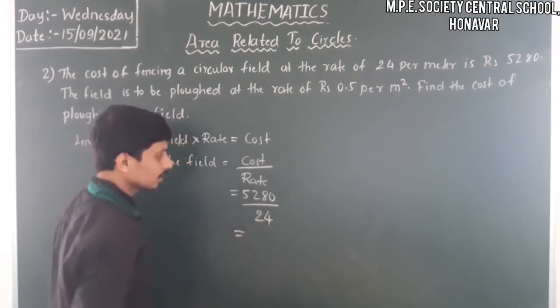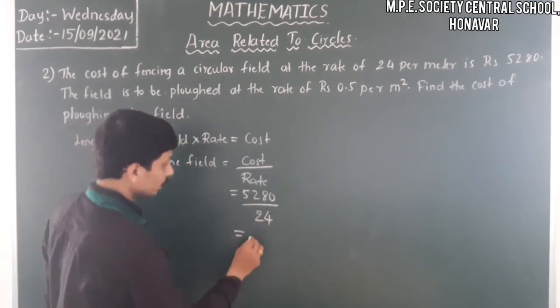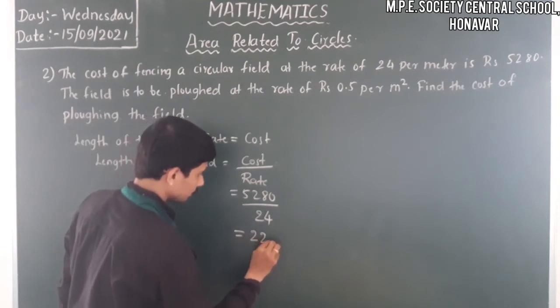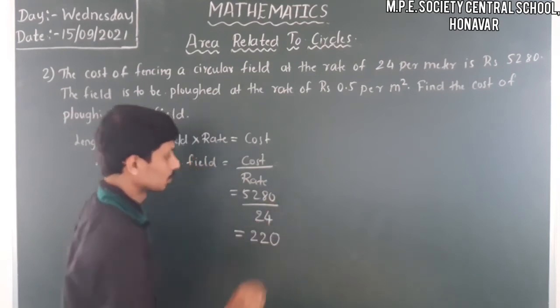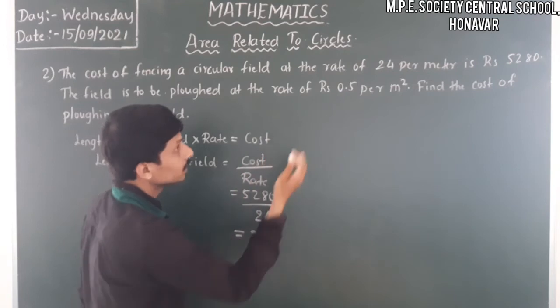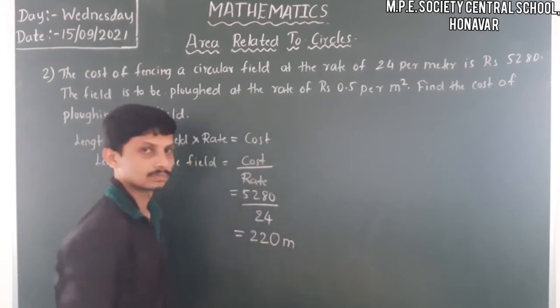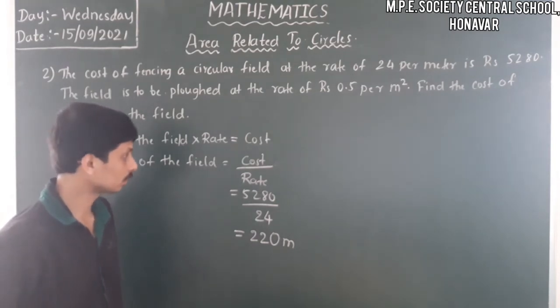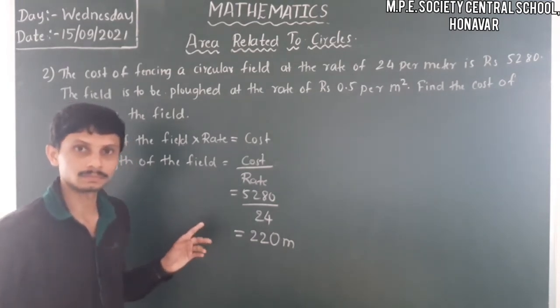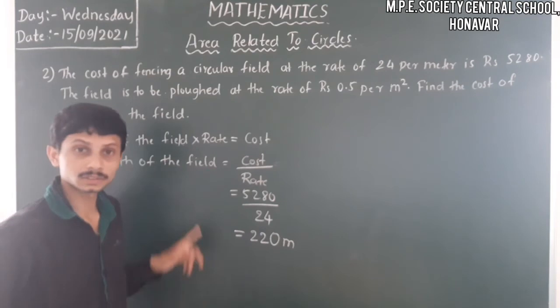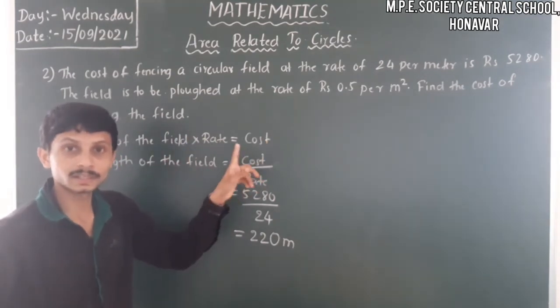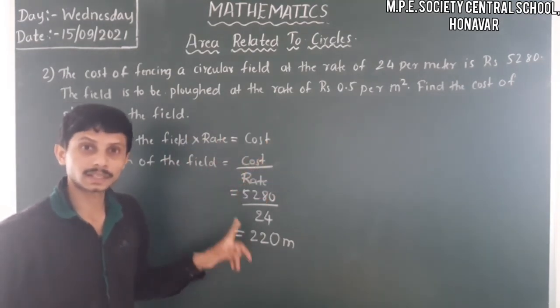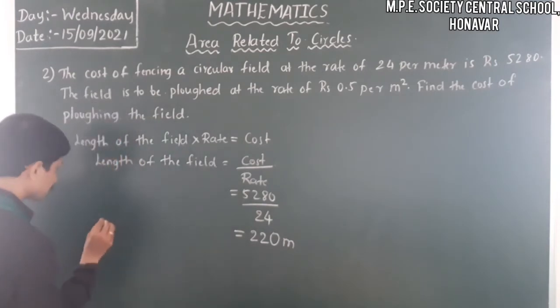When you divide it, you get 220. 220 meter here. So we got the value of the length of the field. It's a circular field, so we can take the length as the circumference of the field.